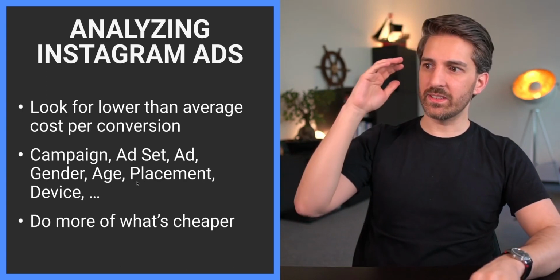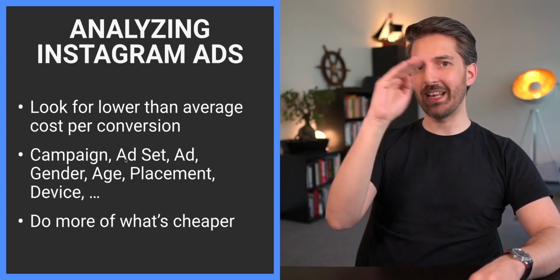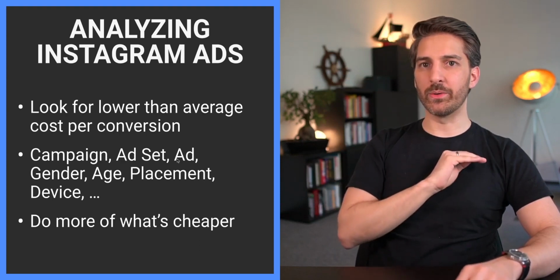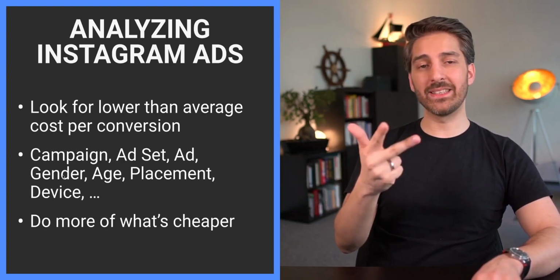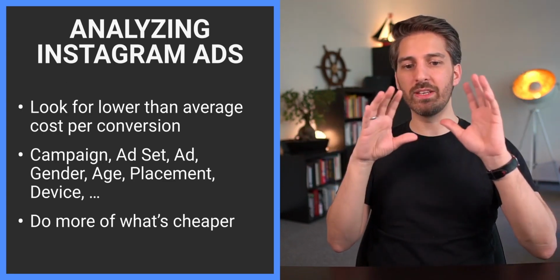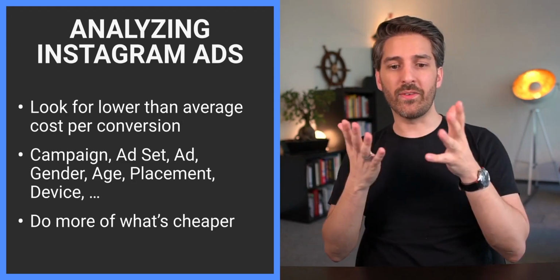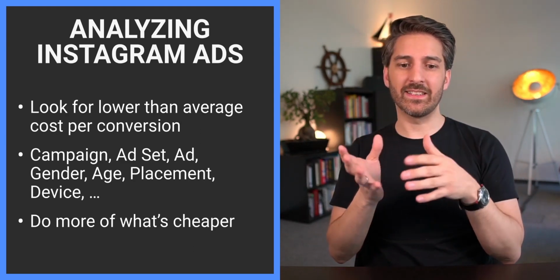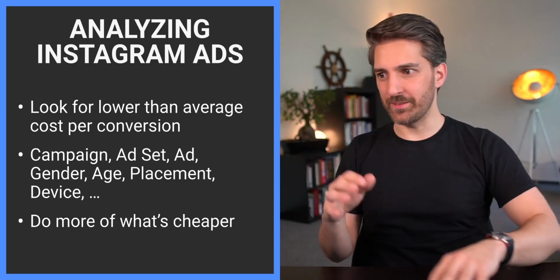And I do this on the campaign level overall: which campaigns work better, which ad sets work better, which ads work better. And then when I'm happy with that, I do the split with the gender, age, placement, and the device category every time. If you go through those breakdowns, you usually find pretty interesting insights into what is working better than your other approaches.